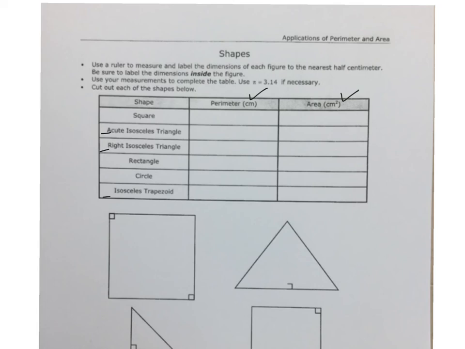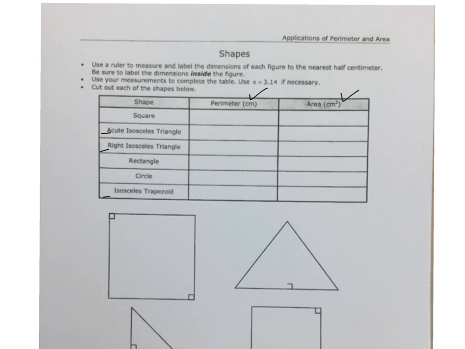Now, what you're going to have to do is follow the instructions. So let's read. It says, use a ruler to measure and label the dimensions of each figure to the nearest half centimeter. Be sure to label the dimensions inside the figure.